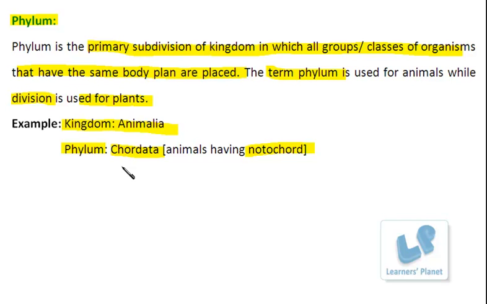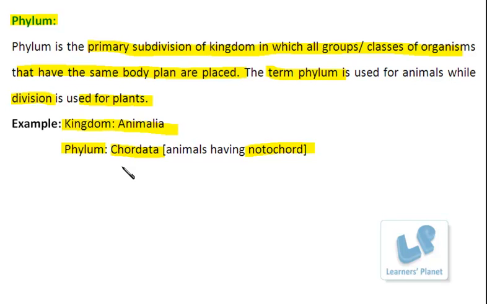One important thing is that the number of organisms present in the phylum will be less than that of the kingdom, because now it has been subdivided. And the second thing is that the number of similar features is more in the phylum as compared to the organisms present in the kingdom.